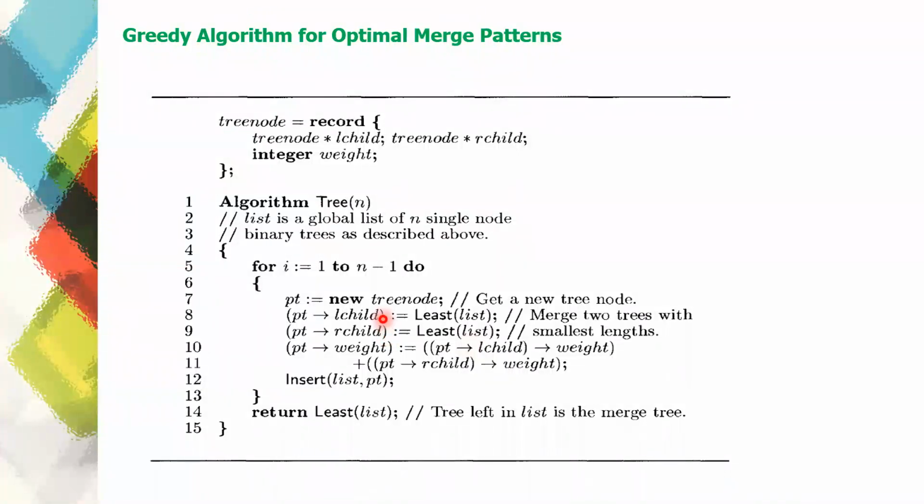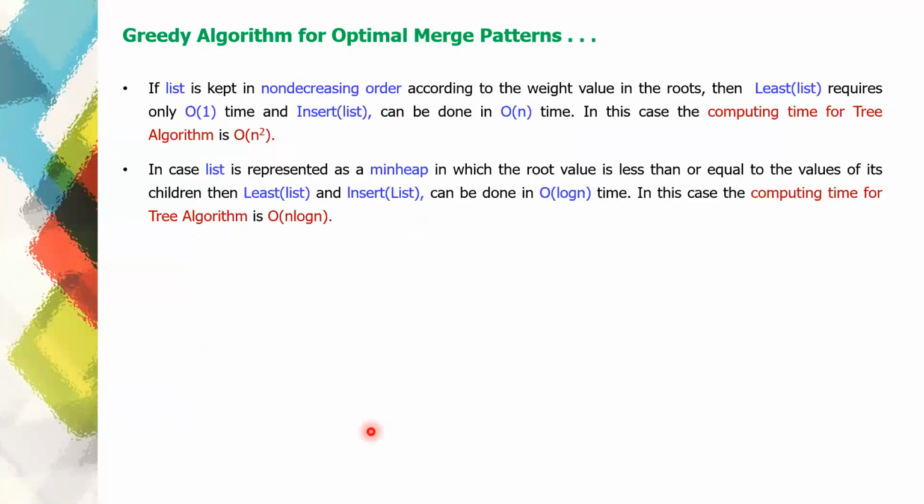Now you are going to merge these 2. And the weight of the parent will be equal to the weight of the left child plus the weight of the right child. And you are going to insert this new parent node into the tree. And finally, after n-1 merges are performed, you are going to return the root node, the entire tree, which will be representing your optimal merge pattern.